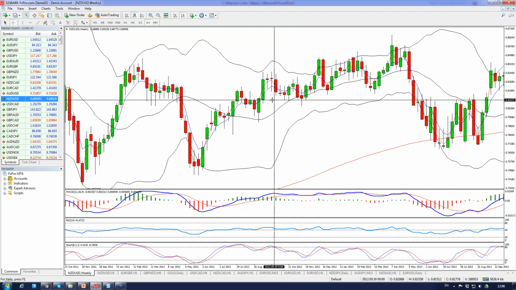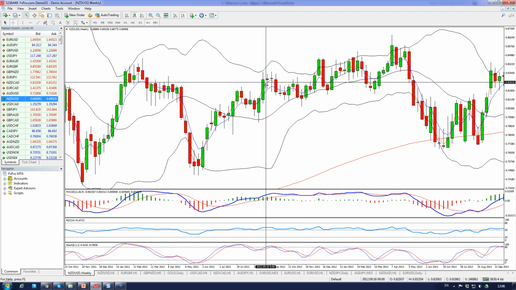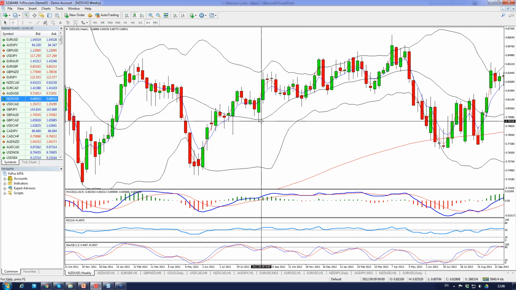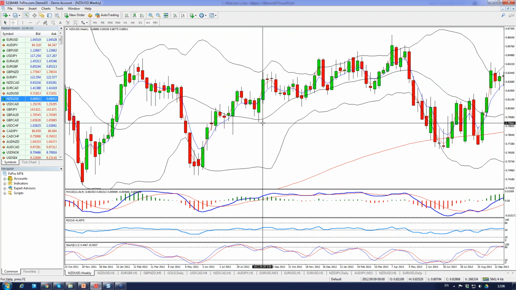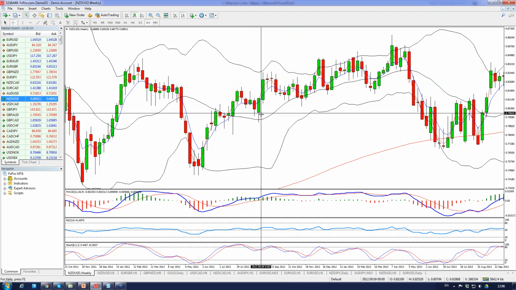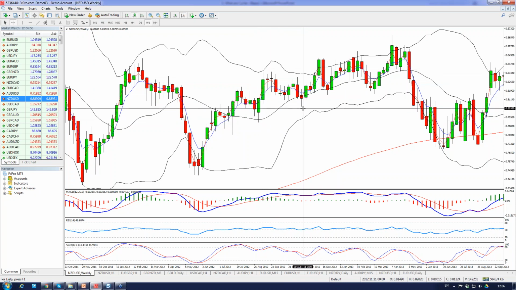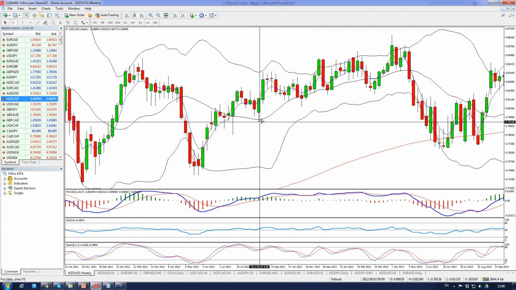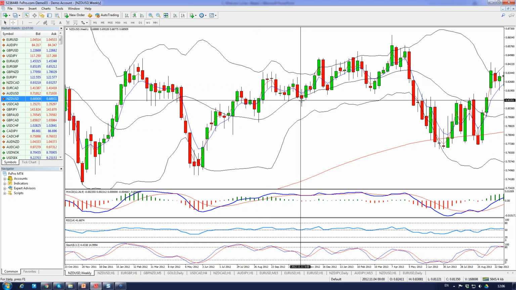Where is the previous move? This. That's the last two candles. That's the low. This did not break below this low, which means this is nothing, not even a correction. We don't treat it.